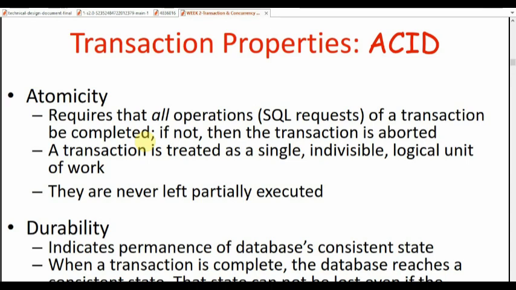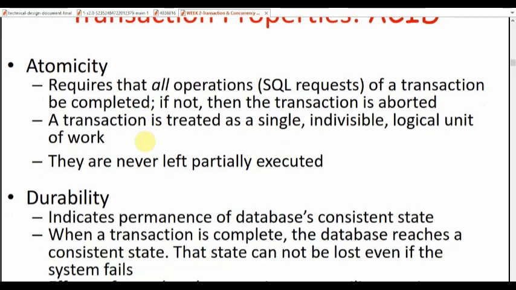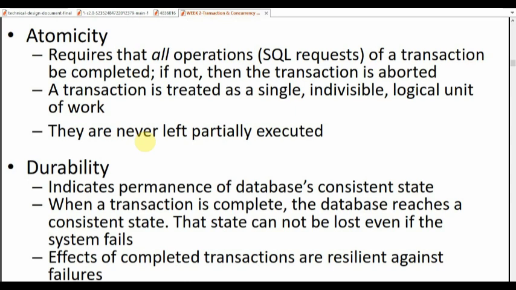For that reason, we must have the whole of it executed to completion. It cannot be partially executed. Now, once executed to completion, then we have durability, because what we need to do is commit that particular transaction. Once committed, it implies that we cannot reverse.